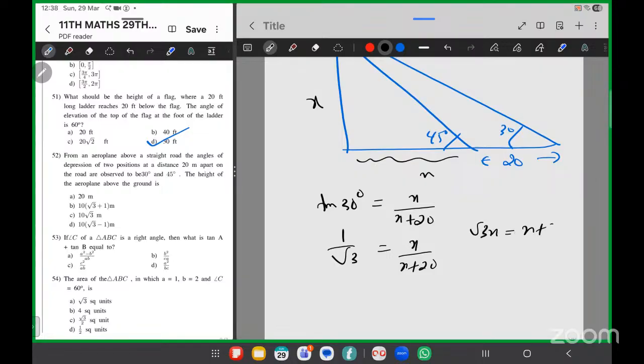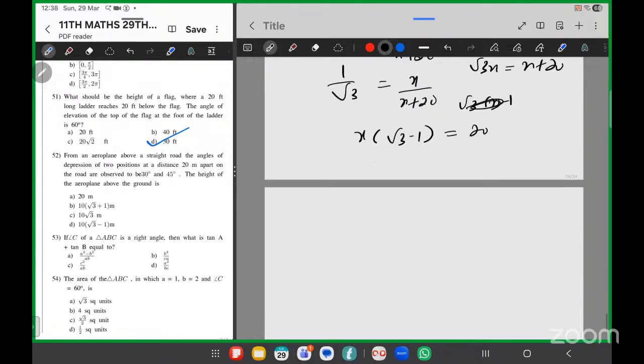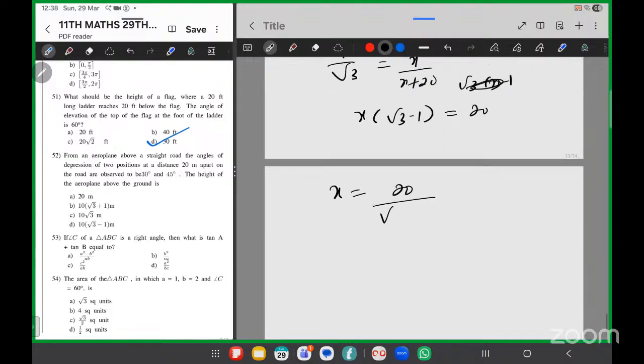So x into root 3 minus 1 equal to 20. So x is 20 divided by root 3 minus 1. So I can write 20 into root 3 plus 1 divided by 3 minus 1, which is 2. So answer is 10 into root 3 plus 1. So option D is the correct one.